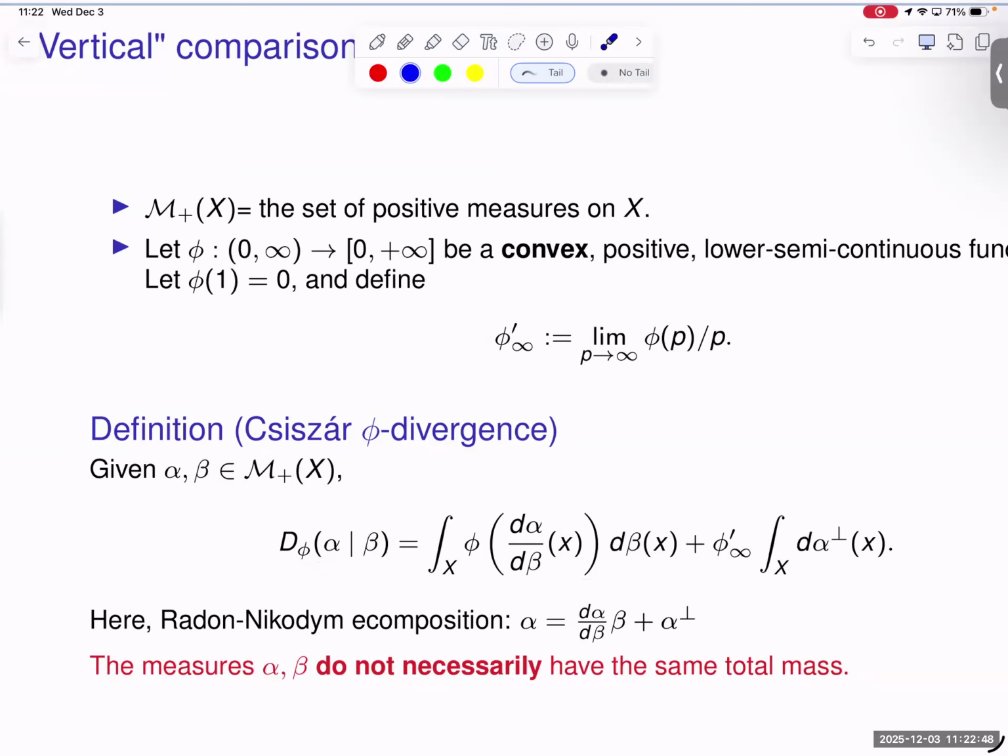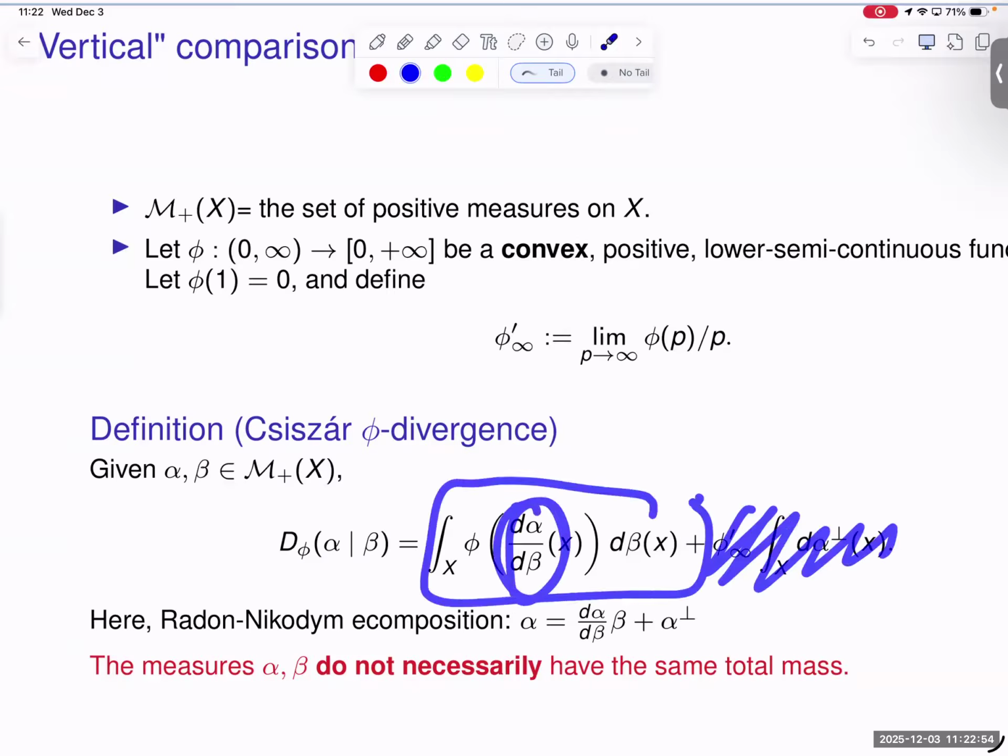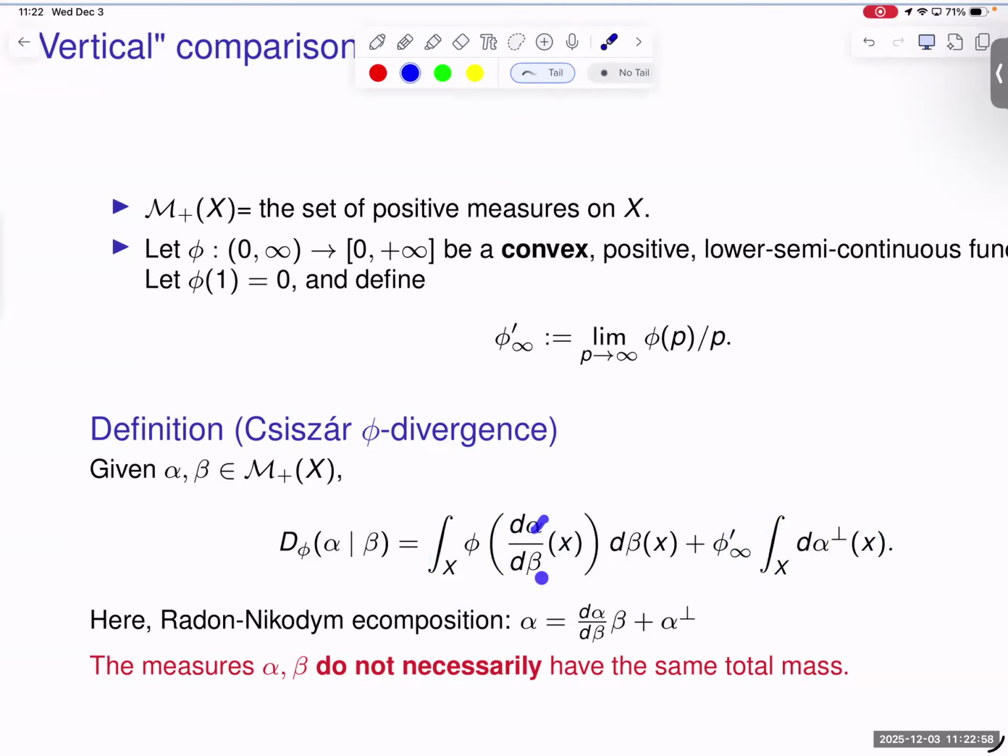So it's basically this formula here. For the moment, you can ignore this. You just consider the Radon-Nikodym derivative of alpha with respect to beta, then apply phi to this value, and then integrate with respect to beta.